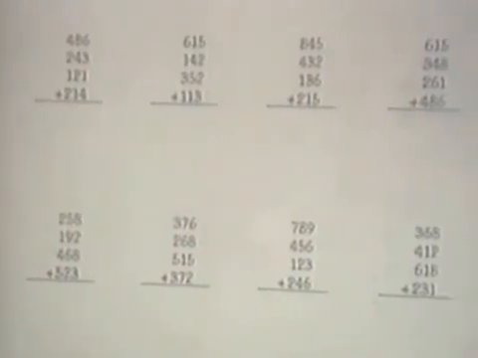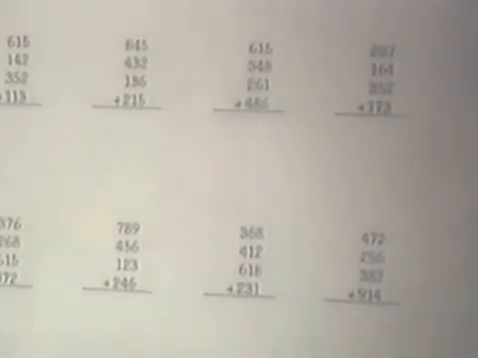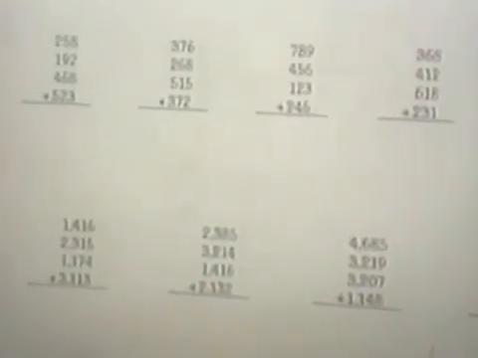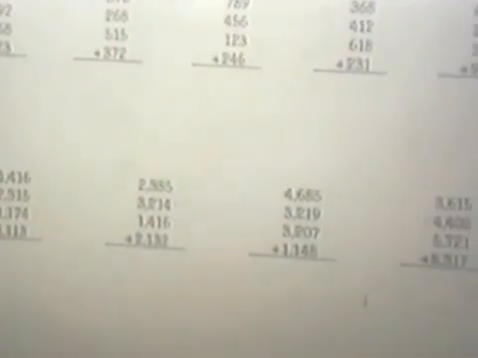You may want to put the VCR on pause and copy the problems, or you may want to do them all in your head without copying them down first. We're doing it from left to right.